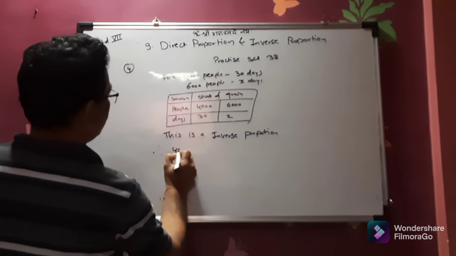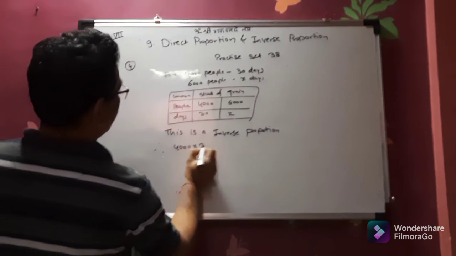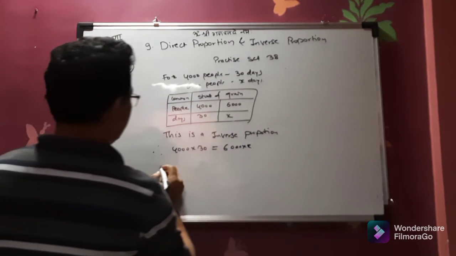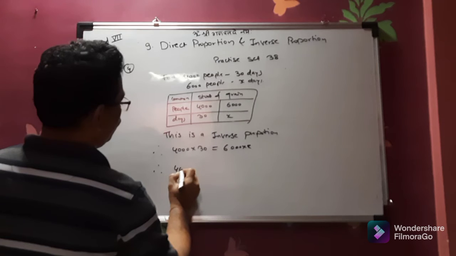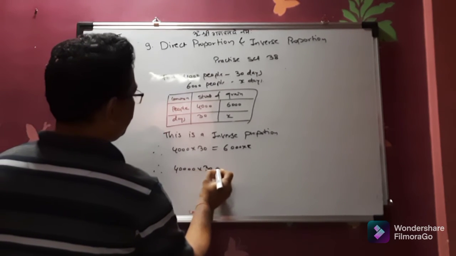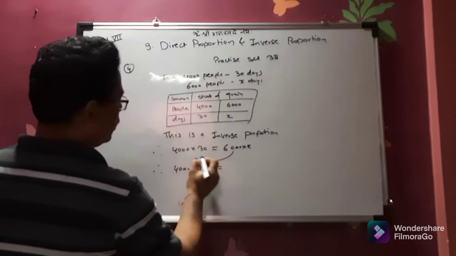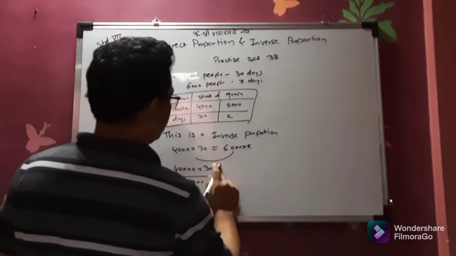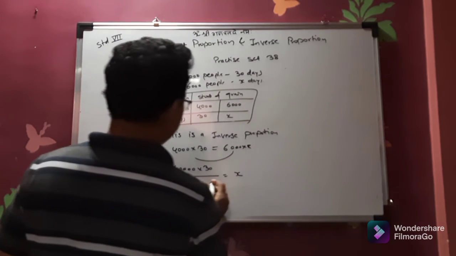So 4,000 into 30 is equal to 6,000 into x. So therefore 4,000 into 30 will be divided by 6,000 is equal to x.